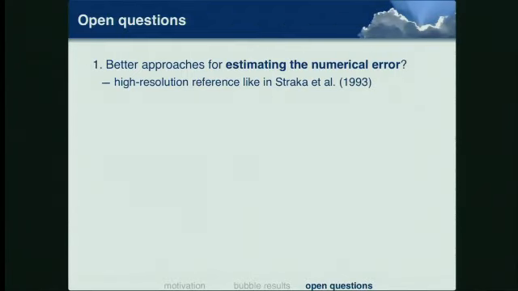So the first open question on my list here is I would like to find better approaches for estimating the numerical error. One possibility, I think, would be to use a high-resolution reference, like, for example, in this paper by Straka et al. from 1993.